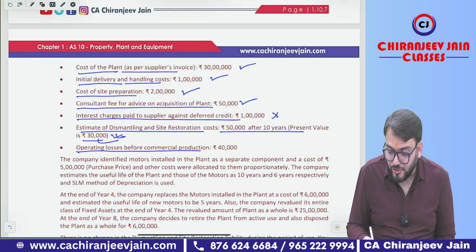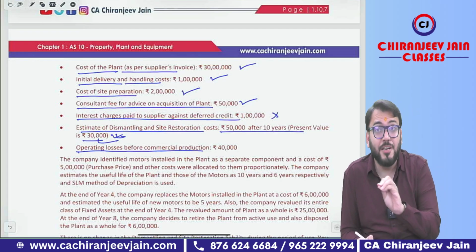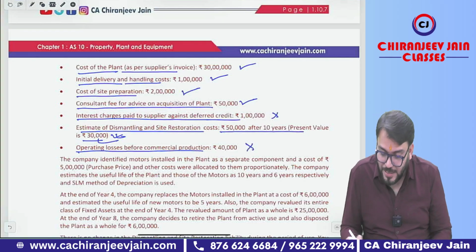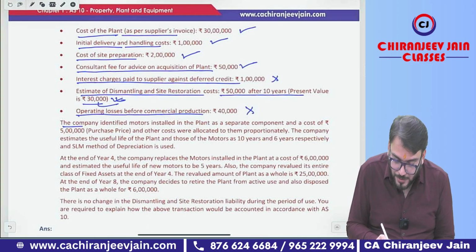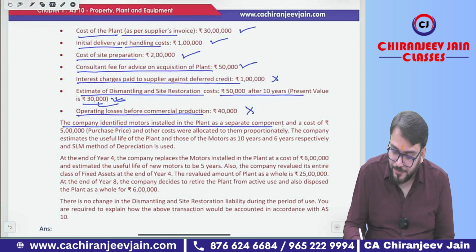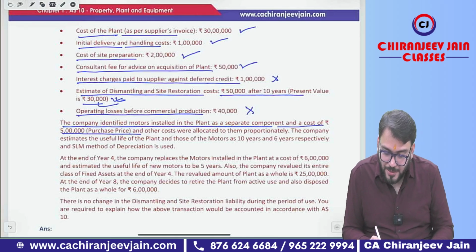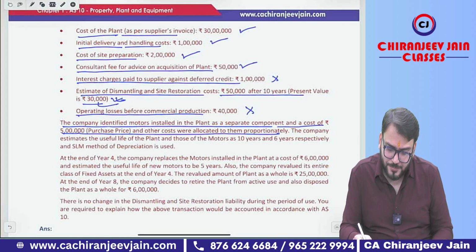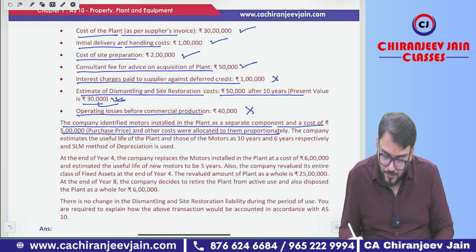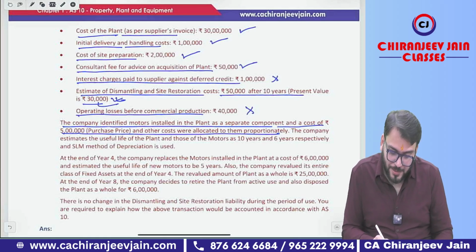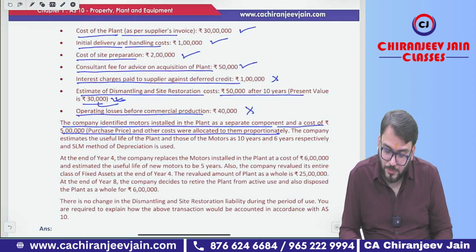Operating loss before commercial production cannot be capitalized. The company identified the motor installed in the plant as a separate component at a cost of rupees 5 lakh and other costs were allocated to them proportionately.